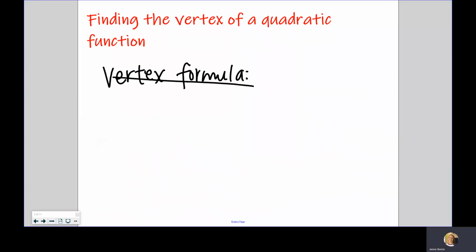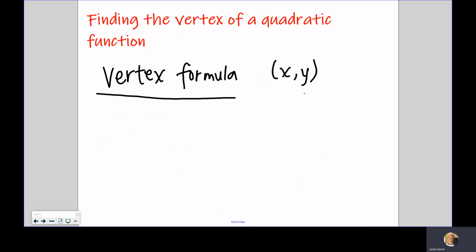The vertex is a point on the graph, which means that it will have an x coordinate and a y coordinate.